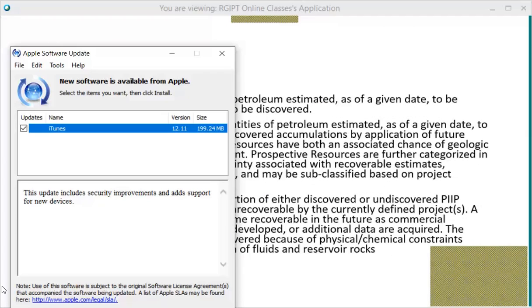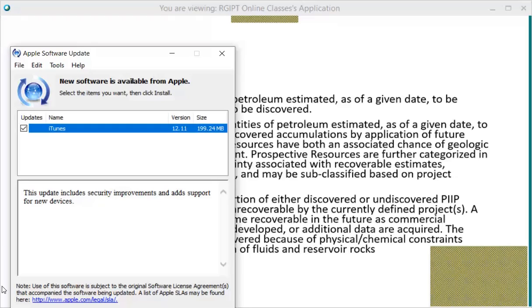So prospective resources are those quantities of petroleum estimated as of a given date to be potentially recoverable from undiscovered accumulations by application of future development projects.